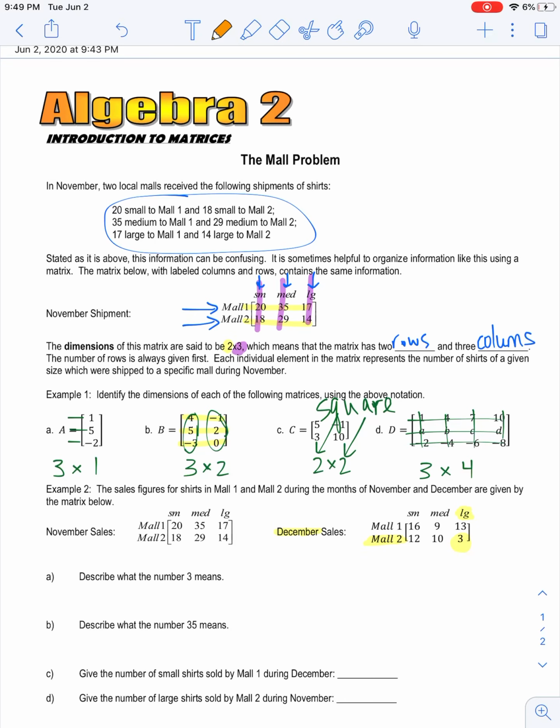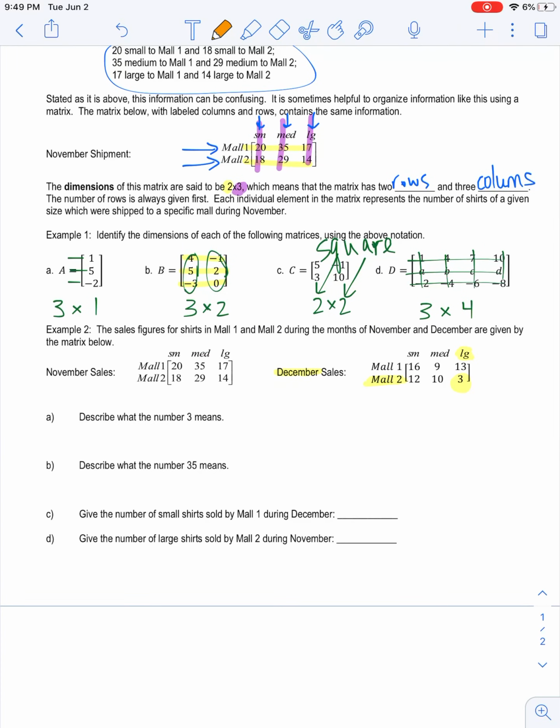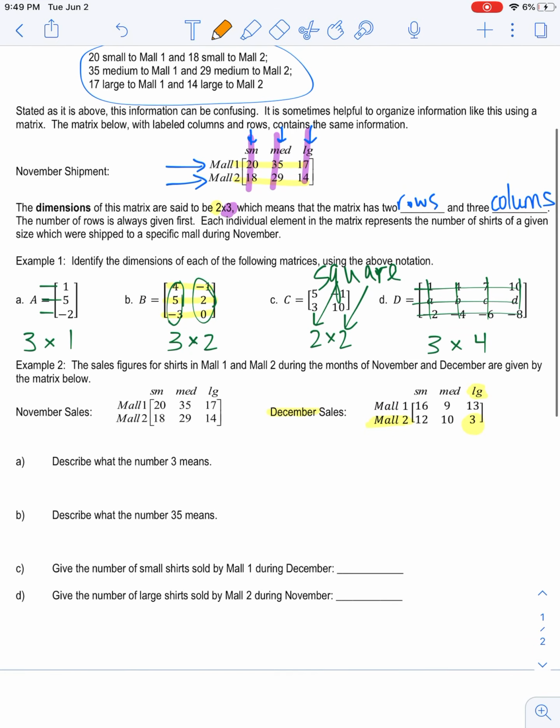So when I want to describe what the number 3 means, I'm going to say that we're talking about sales, so 3 large shirts are sold at mall 2 in December.